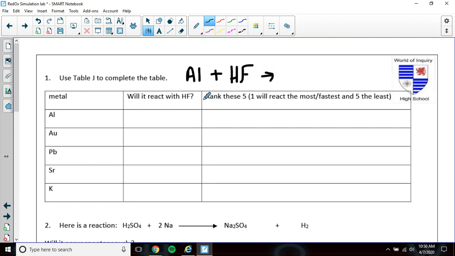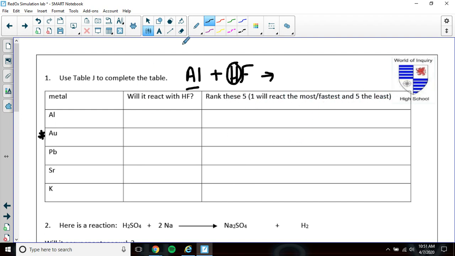And we learned that when we have a lone metal, if the lone metal is higher than H, because this is going to act like a metal in this case because it's positive, Al, if it's higher than H, then yes, it will react. And if Al is lower than H, then it won't. And I can see one for sure that's lower than H because we know there's only 3 of them, gold, copper, and silver.